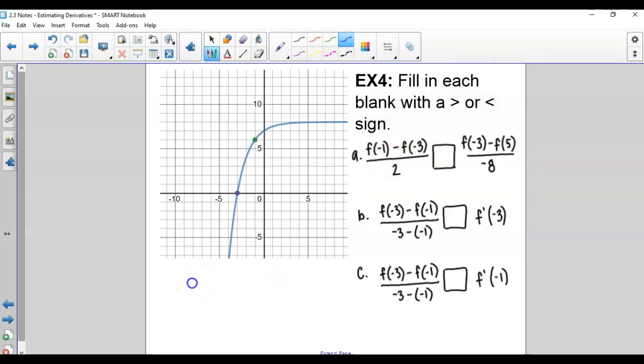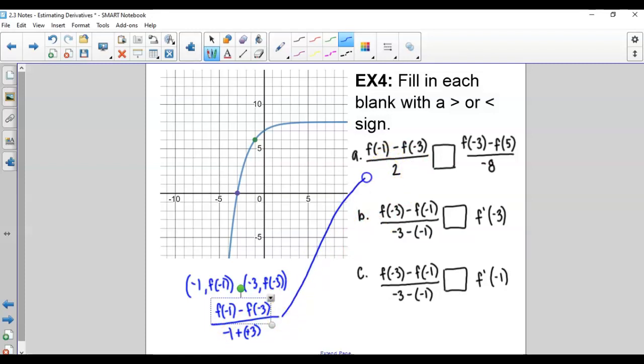If I have points -1, f of -1, and -3, f of -3, then doing the slope formula, I could do f of -1 minus f of -3 over -1 minus -3. Of course I have that double negative there, so I would get a 2 in the denominator.